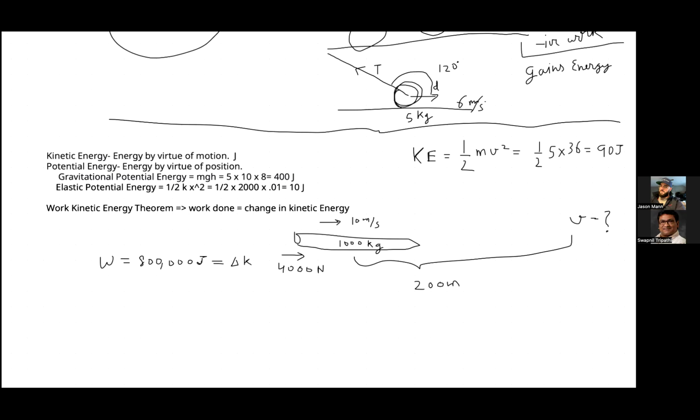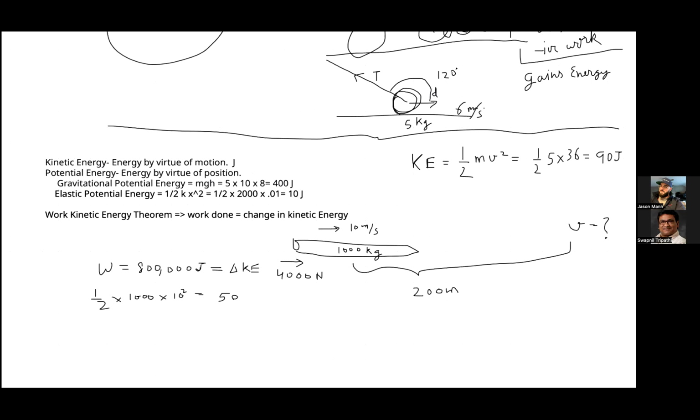What was its initial kinetic energy? Initial kinetic energy is half mv squared, half times 1,000 times 10 squared. So that's 50,000. 50,000 joules was the initial kinetic energy, and the change in kinetic energy was 800,000 joules, right?